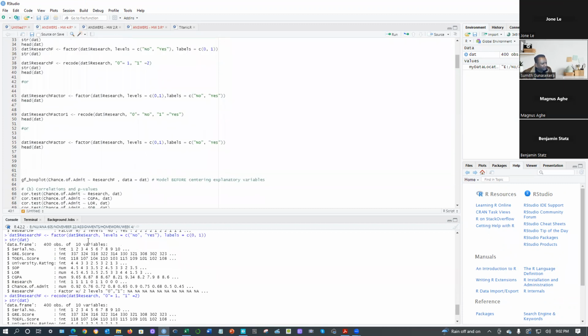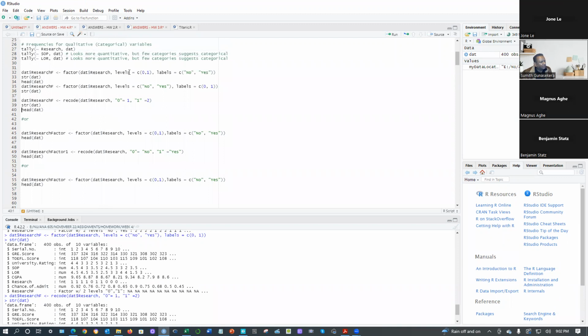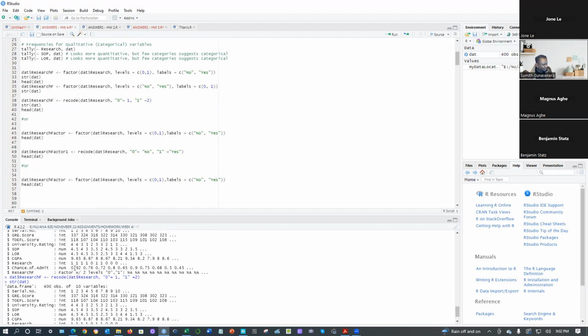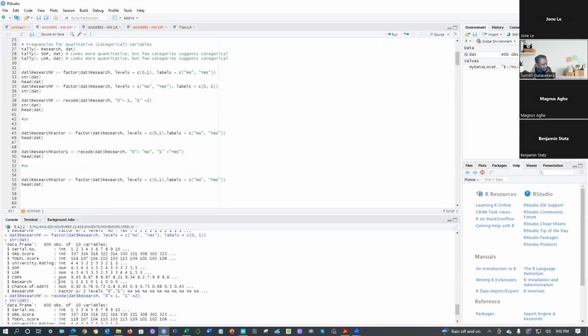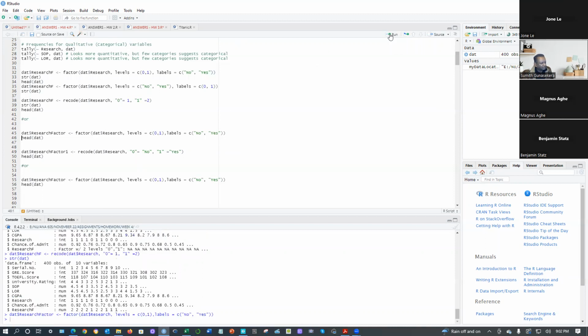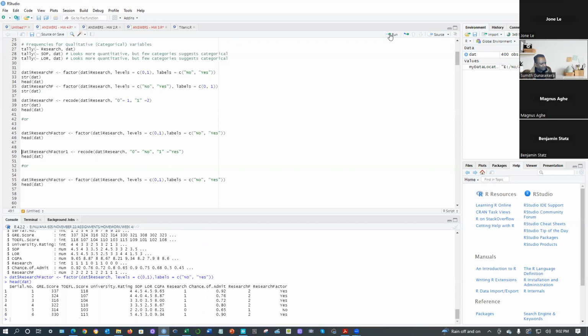Let me see what's going on here. Okay, factor with levels 0, 1, 2. That's the research int. Now let's look at this one. I'm going to get the research and the research factor.